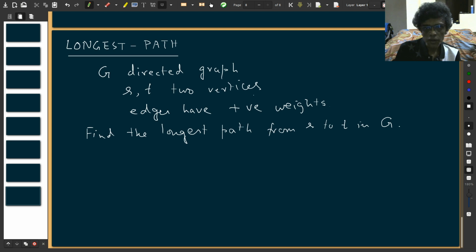In this setting, the shortest path problem has polynomial time algorithms: Dijkstra's algorithm, Bellman-Ford algorithm, then you have Floyd-Warshall algorithm, right? This longest path is a difficult problem. But we will discuss something more about longest and shortest paths in a later discussion.